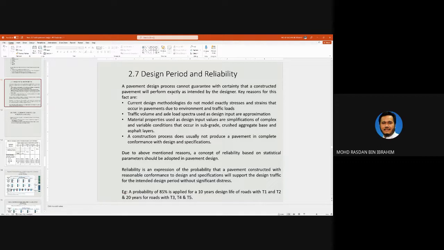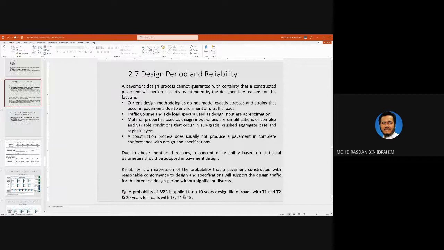Even though the design is correct, the formula is good, and everything is calculated and designed accurately, if the job is given to a contractor that doesn't care, and they continue the construction on a rainy day, then everything is useless. That is the case most of the time.